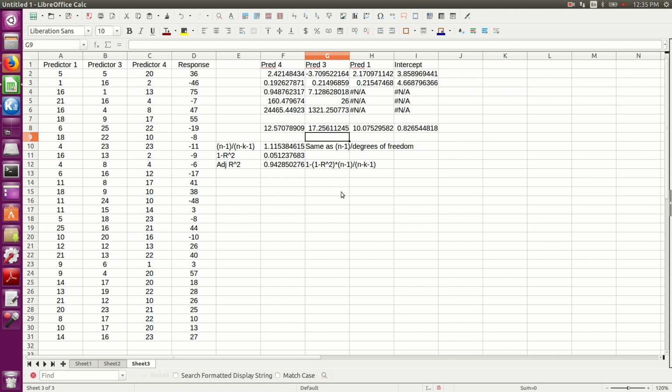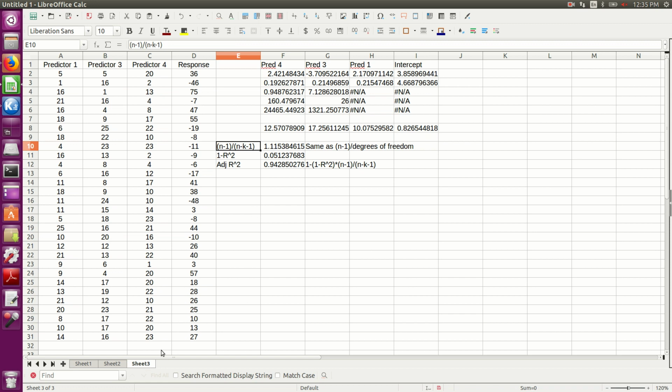And the whole point with the adjusted R squared is this number here, where we take n minus 1 divided by n minus 1 minus k, or n minus k minus 1. What happens is, as k gets smaller, this number also gets smaller, is what you notice.